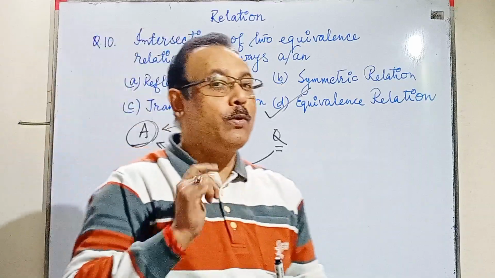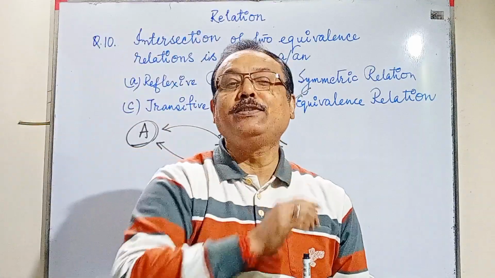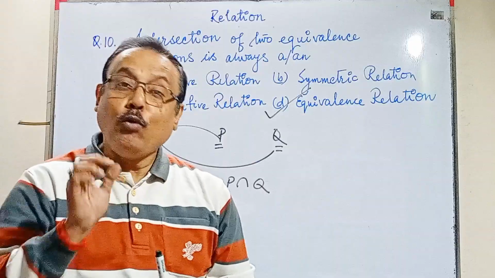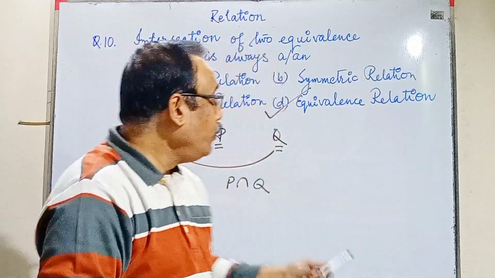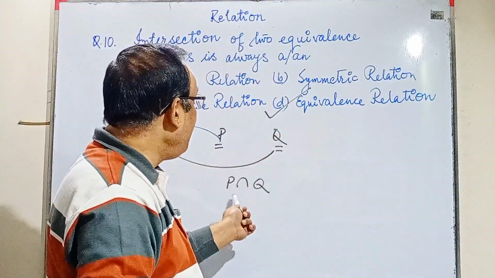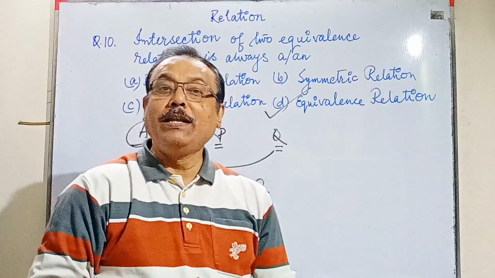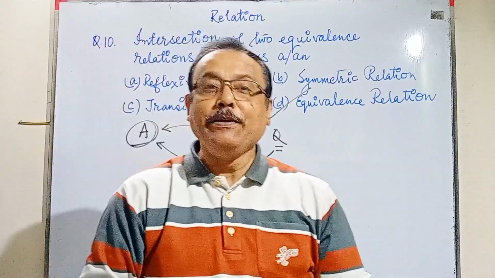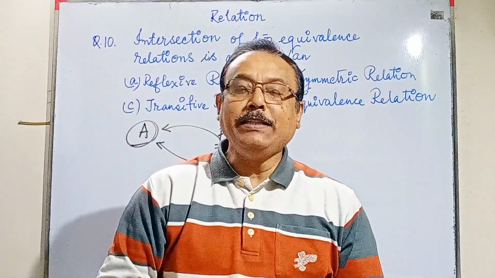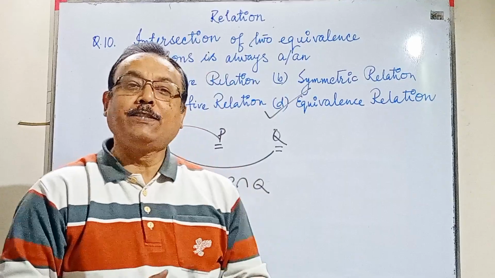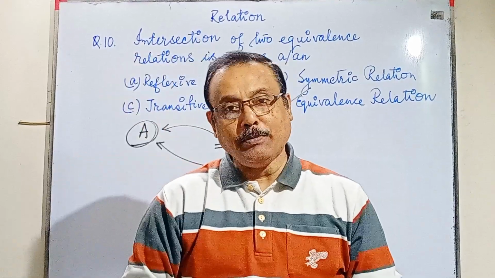I am not showing you the working. I am giving this to you as homework to try: how can I prove that P intersection Q will be an equivalence relation? If you are finding it difficult, do comment in the comment box, and in my next video, I'll show the solution of this particular sum.